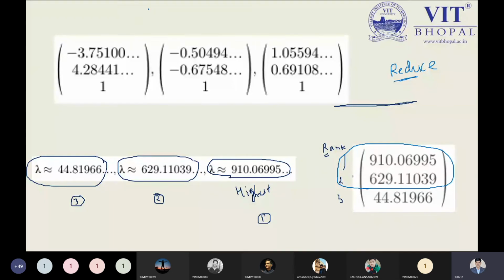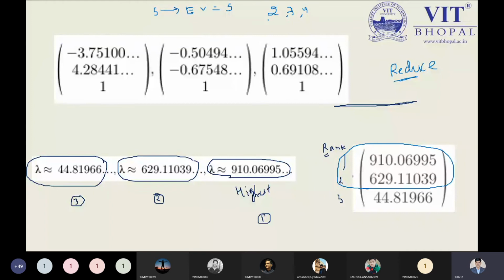Suppose you have five features. Out of the five features, how many eigenvalues will you have? You will have five eigenvalues. From these, you can select two, three, or four.